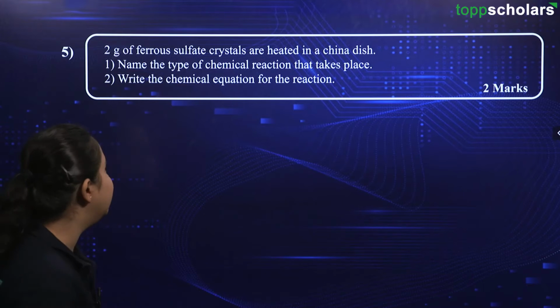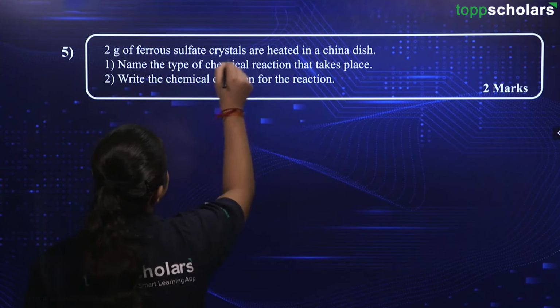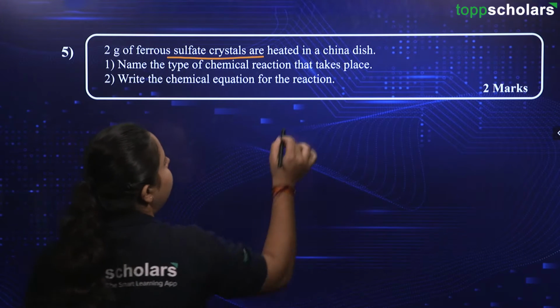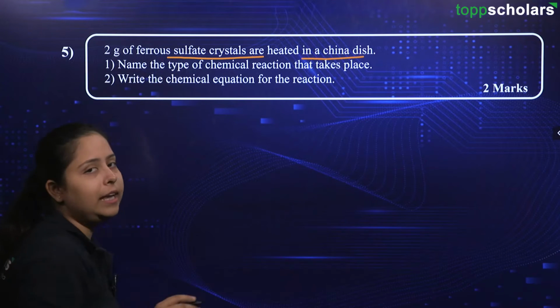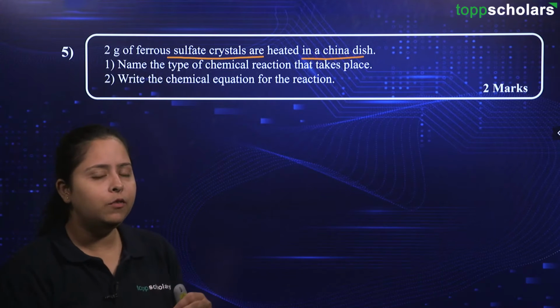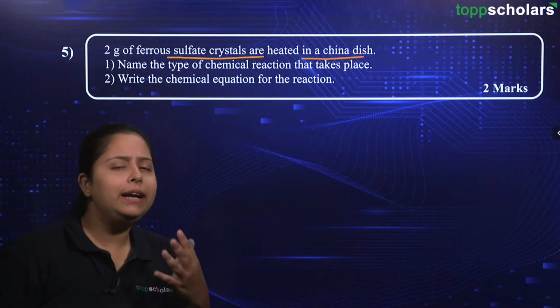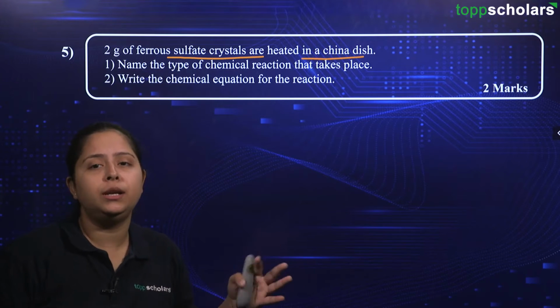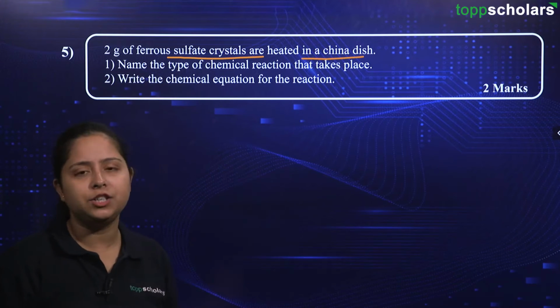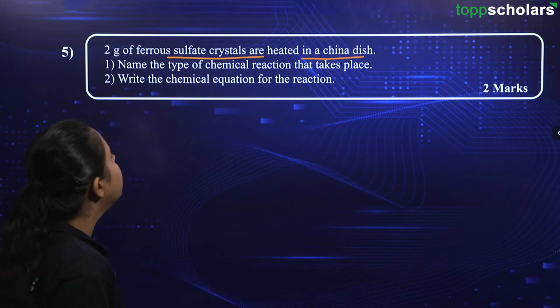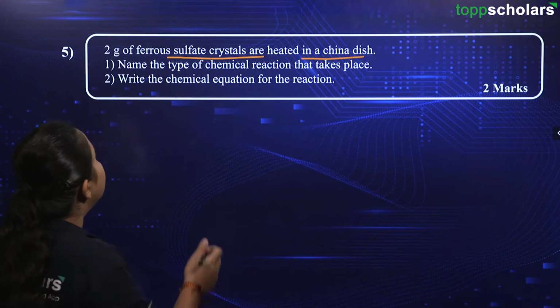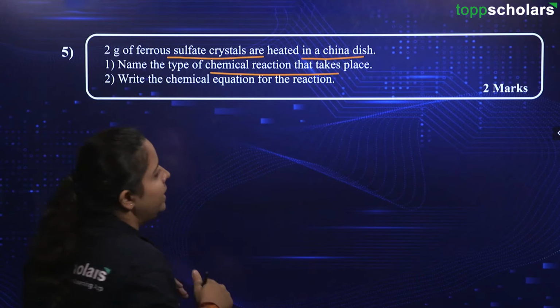The question here is: 2 grams of ferrous sulfate crystals are heated in a china dish. Again, we are taking some compound and we are providing heat to it. So you might get an idea that decomposition might be happening in this reaction as well. Okay, let us continue and read the question. Name the type of chemical reaction that takes place.